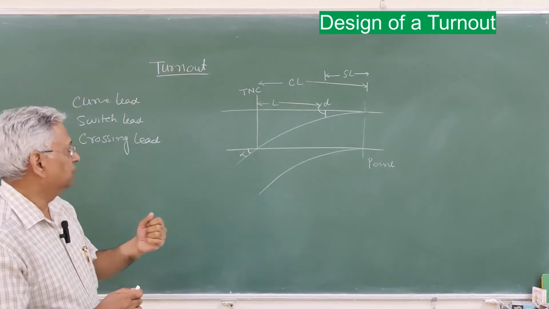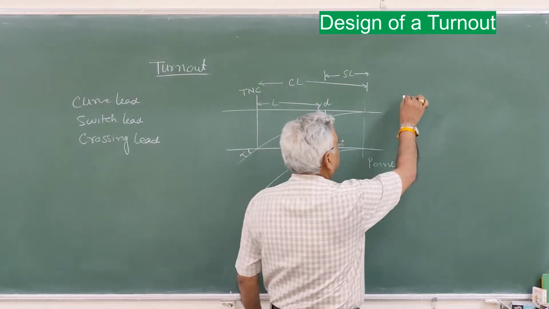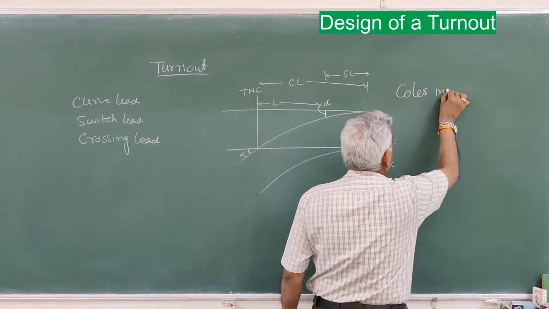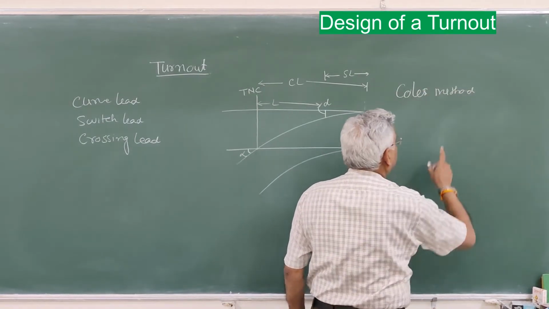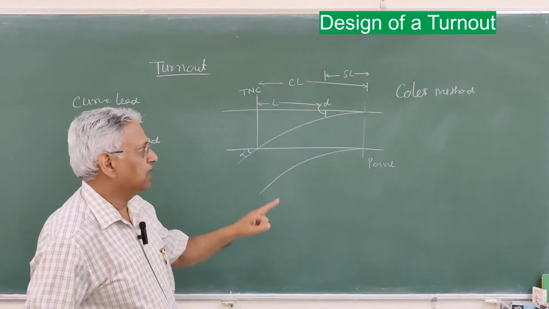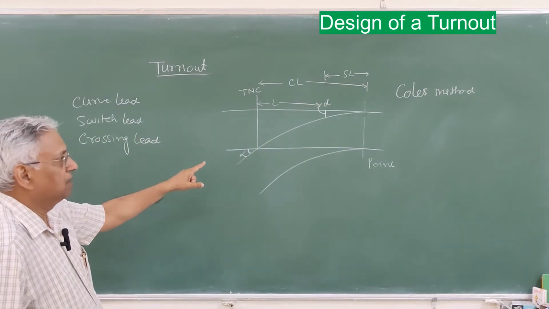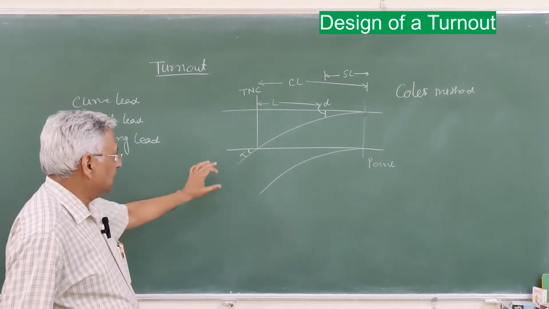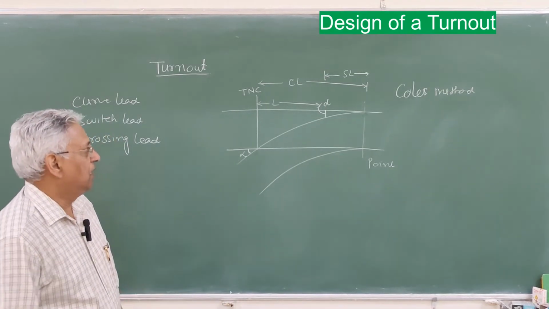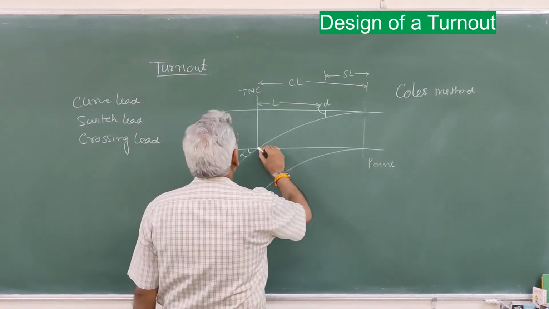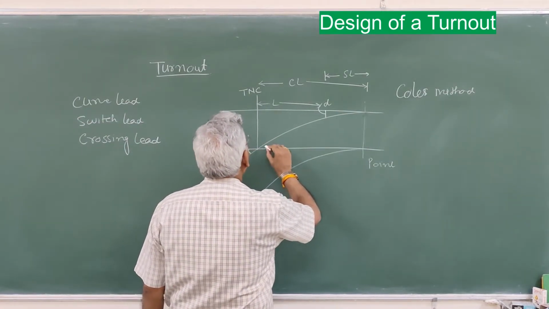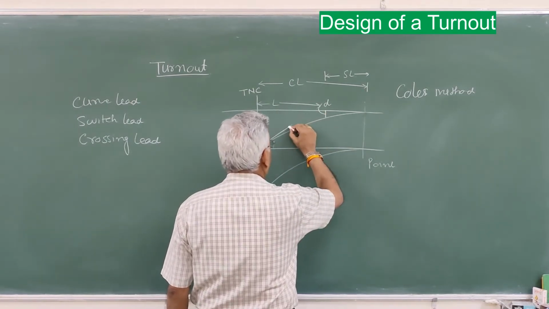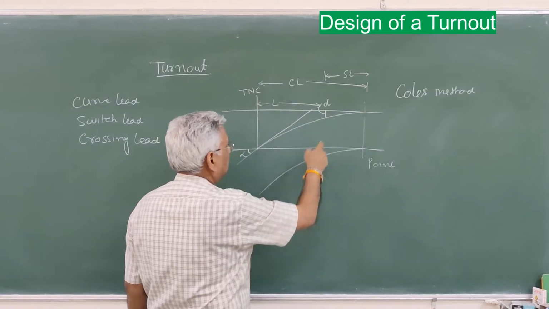So this design, which we call the Coles method, considers all these three kinks, one at the toe, another at the heel, and third at the frog, that is the point of crossing. This is the angle of crossing alpha, and if you draw a tangent here and another tangent to this curve, it is naturally this line.